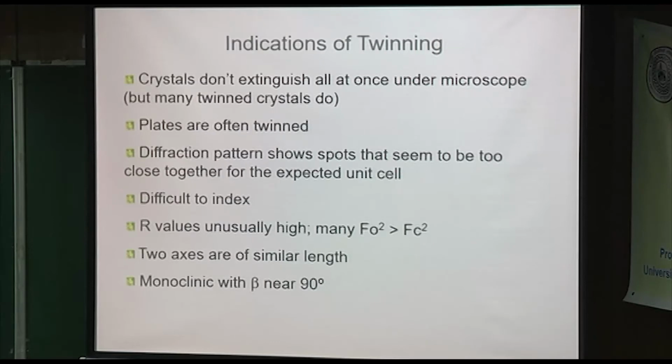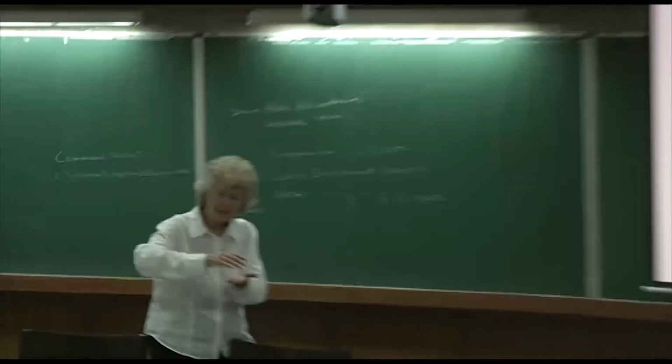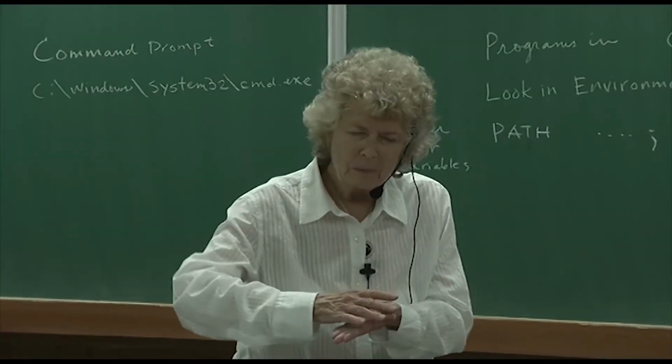Again, what I was saying, the diffraction pattern shows spots that seem to be too close together. You have difficulty indexing it. The R value seems to be too high, and a lot of times F-obs is greater than F-calc. But that can also happen for other reasons, so it doesn't necessarily mean you have twinning. If two axes are of similar length, what's going on when a crystal grows is you have this nucleation site, and then the molecules come and settle down in their preferred orientation.